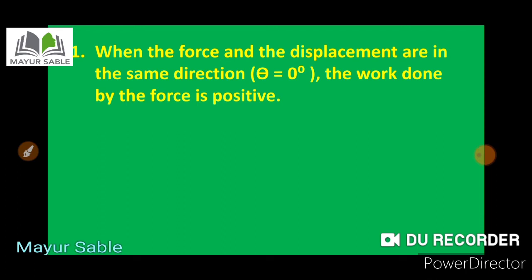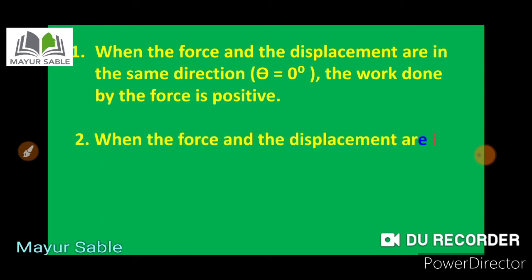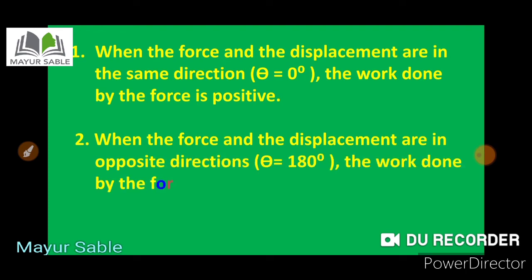When the force and the displacement are in the same direction, it means theta will be 0 degree, and the work done by the force is positive. It is nothing but the positive work. When the force and the displacement are in the opposite direction, that means theta will be equal to 180 degree.